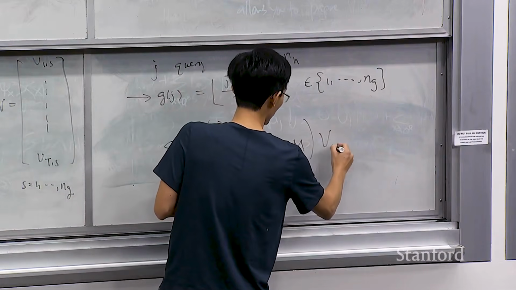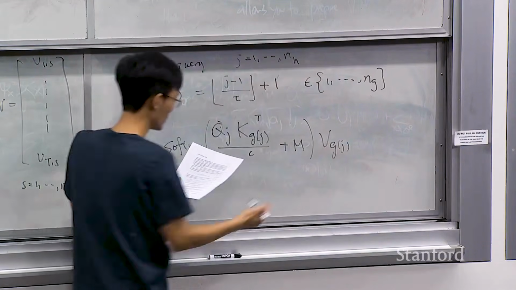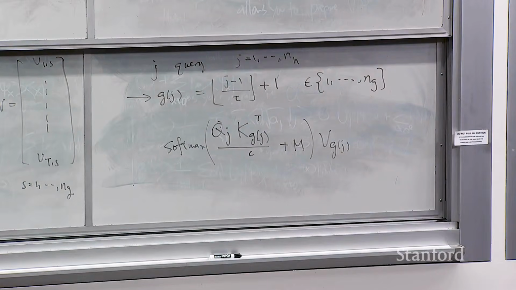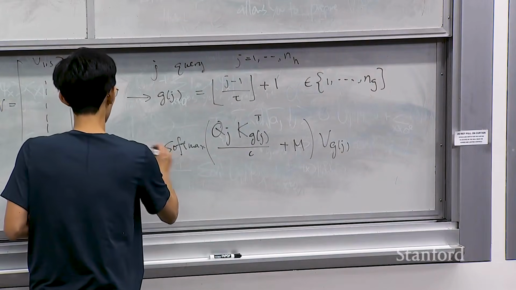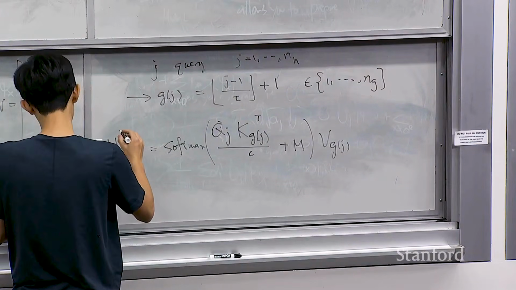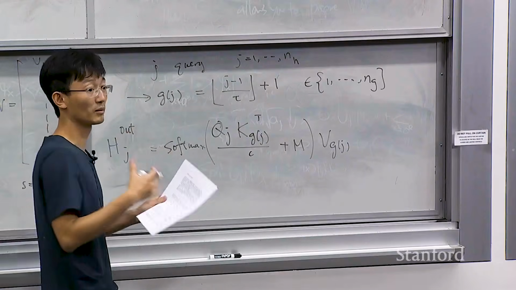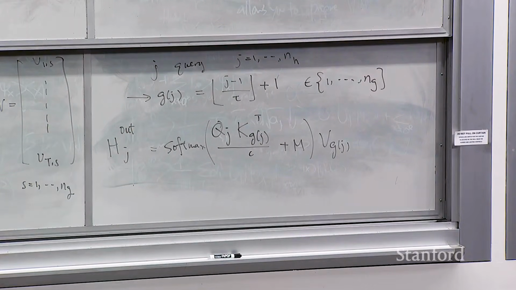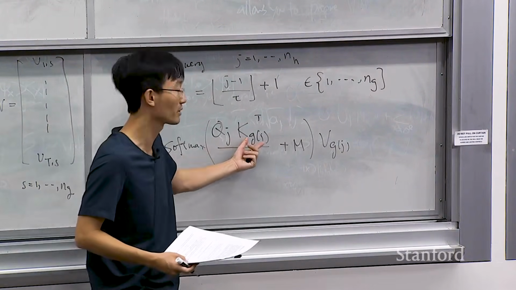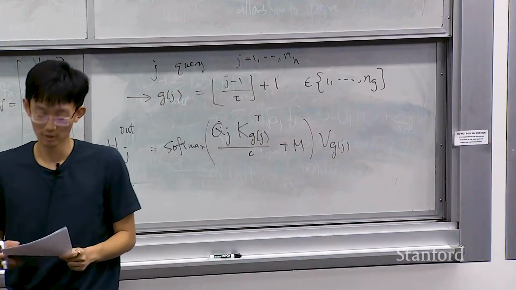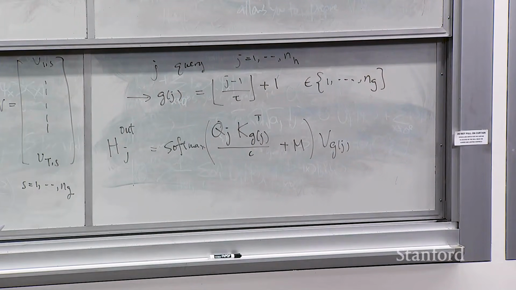Then you multiply by V_Gj, using the same index for the values, and this is the output for the j-th head. So you still have the same number of heads and outputs. It's just that some of these outputs are using the same keys. That's the only difference.